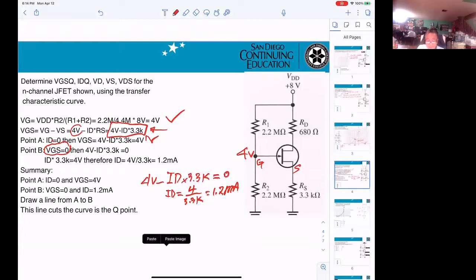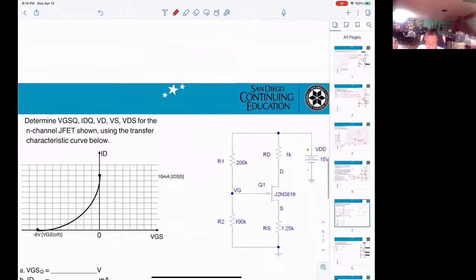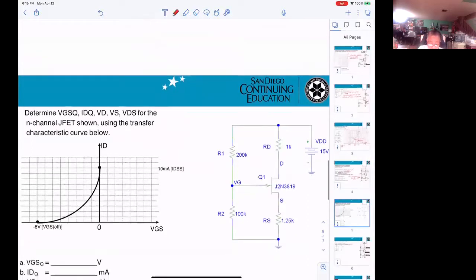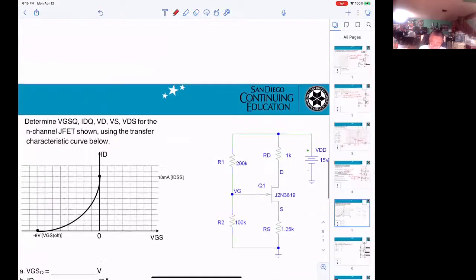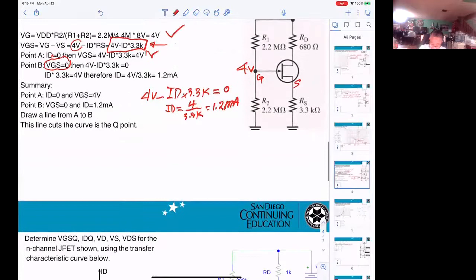Now, next one. Can you do that one? Same thing. Okay, let's see. That is 3.3K, 680.